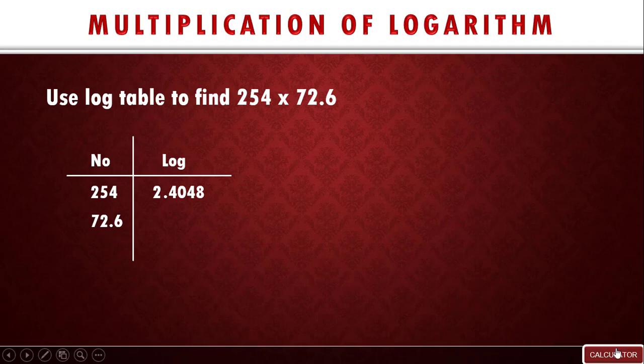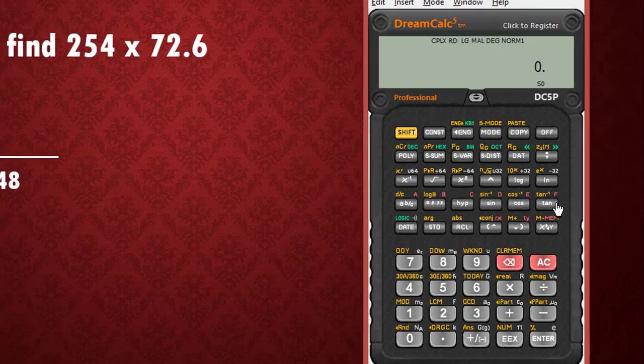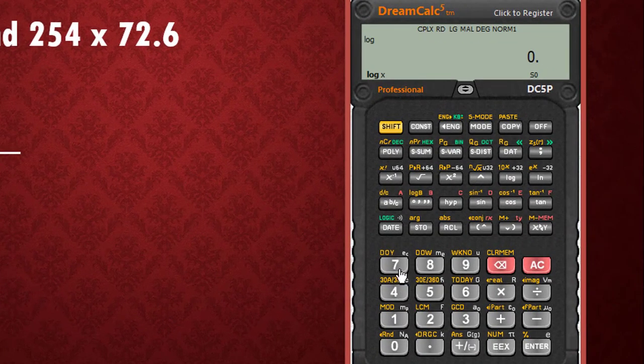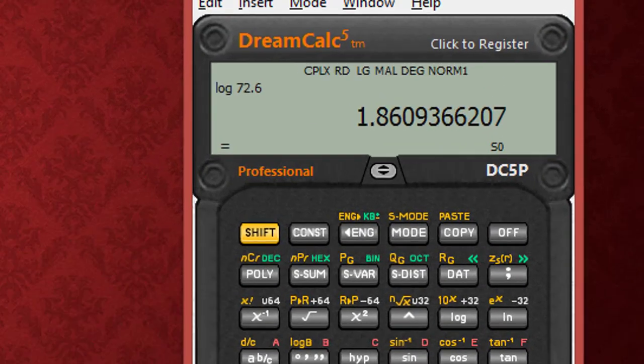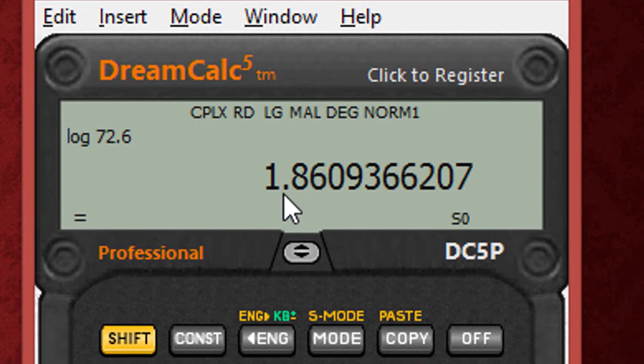Find the calculator, and then log 72.6, we press equals or enter, and you can see right here we have 1.8609. Then we also have some other numbers, so we need to approximate to 4 digits. So our mantissa should be 4 digits, so we are approximating to this 9. If you approximate this 6 right here, it becomes 7.